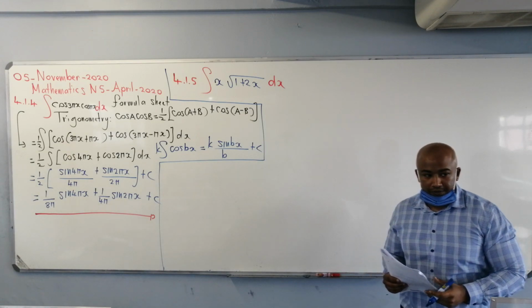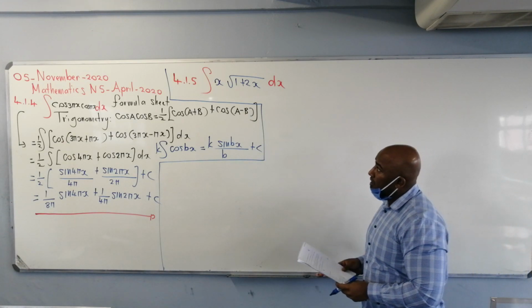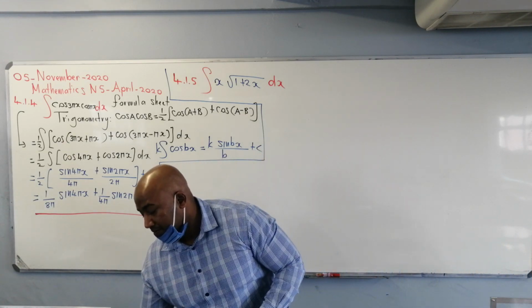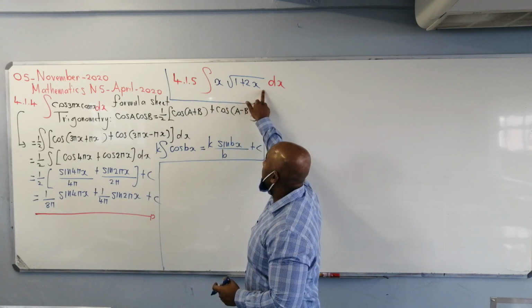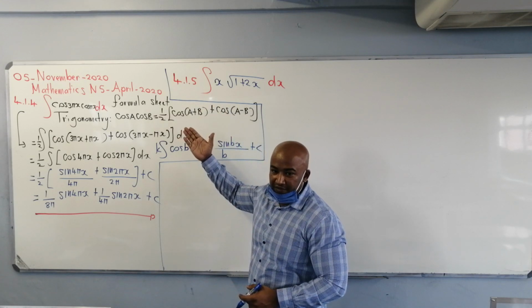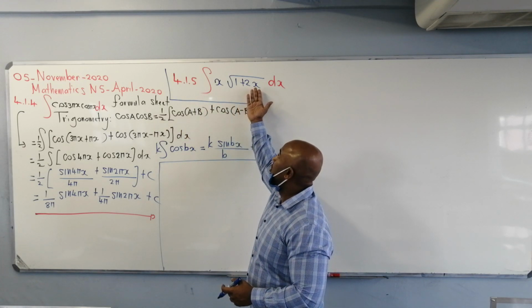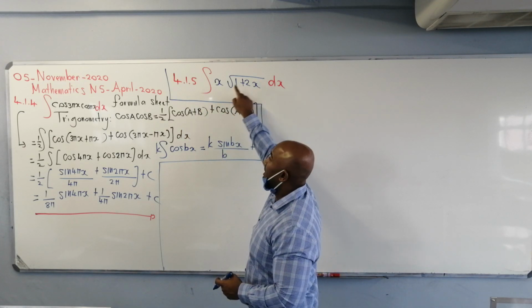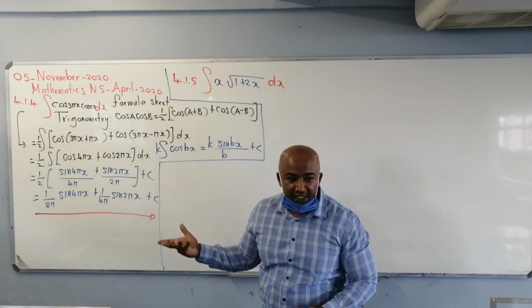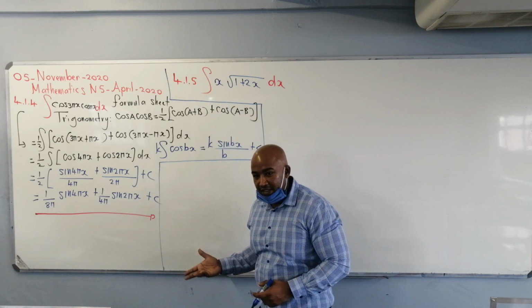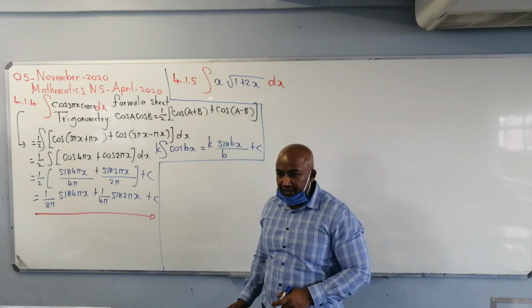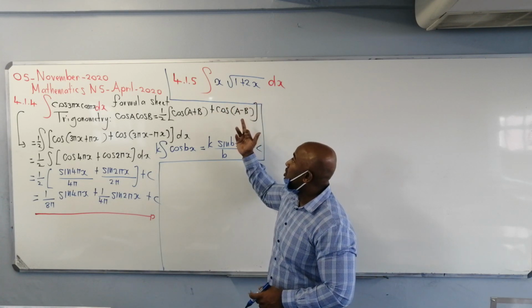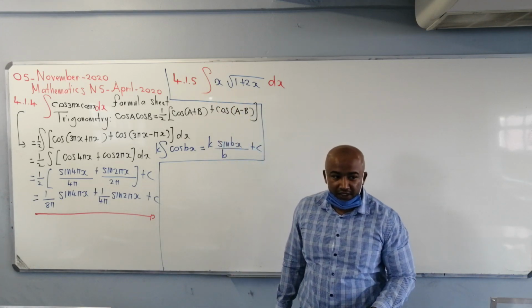Okay, now this type of example, if you look at it normally, we have an exact derivative. So if this is like x squared, then you have an x because it's an exact derivative, type A. But the problem is there is no exact derivative. The derivative of 1 plus 2x is not x.